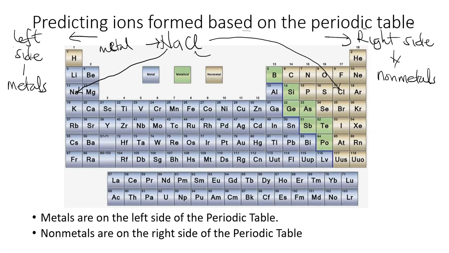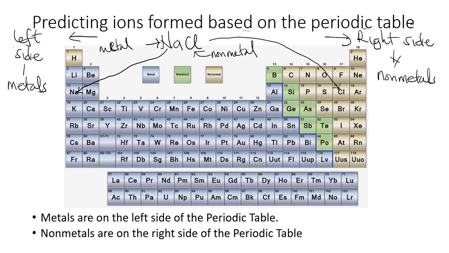Therefore, chlorine is a non-metal. So here I see that I have combined a metal and a non-metal. Therefore, I have an ionic compound. So that's how you know whether the compound you have is an ionic compound or a covalent compound.